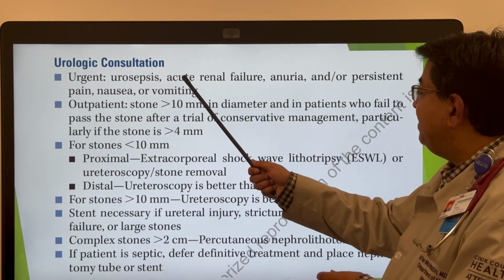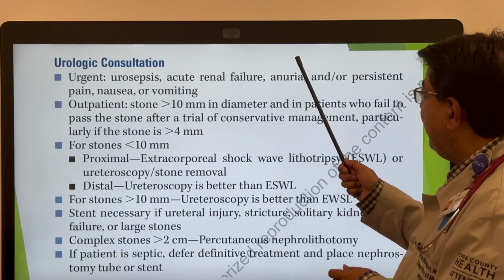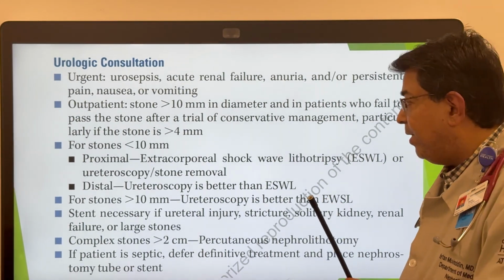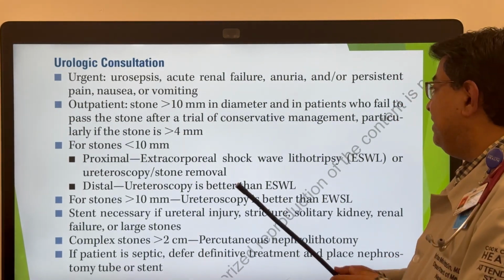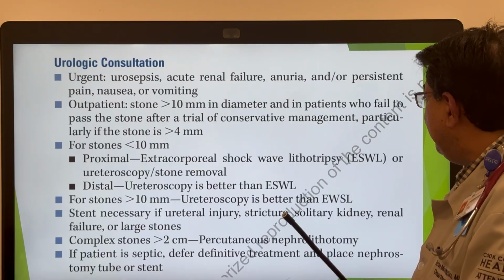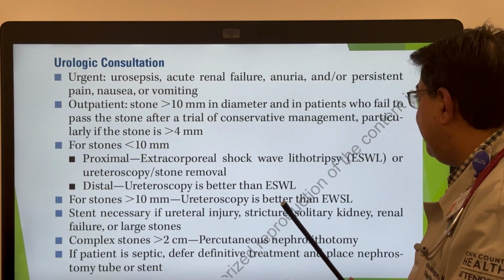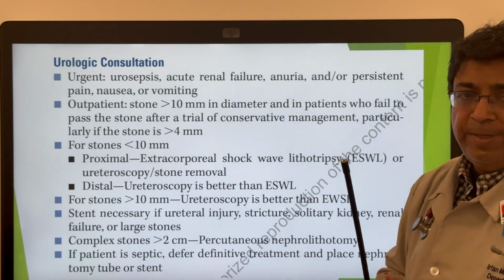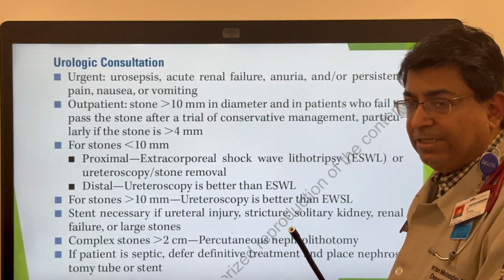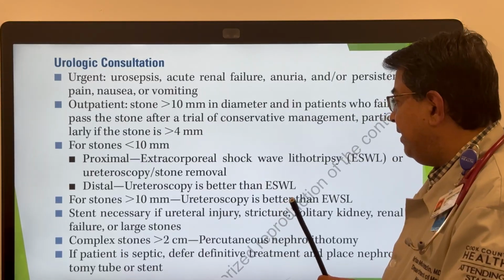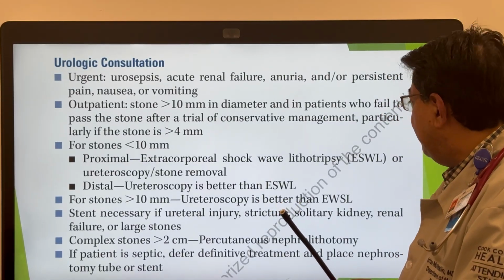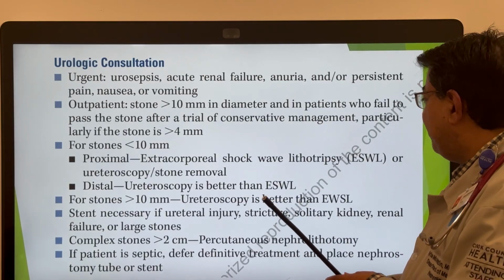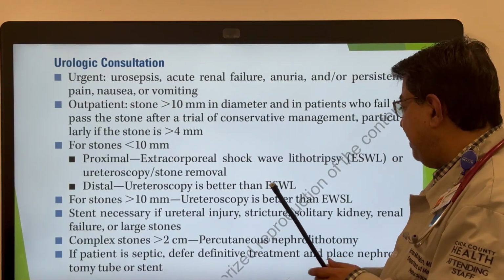So if you have urosepsis, acute kidney injury, anuria, or persistent pain, nausea, or vomiting, you should get urology involved. If it's a greater than 10 millimeter stone in diameter, or if they fail to pass the stone after a trial of conservative management, which would be an alpha blocker and finasteride, then you should consult urology. And urology will determine the propriety of lithotripsy versus ureteroscopy.